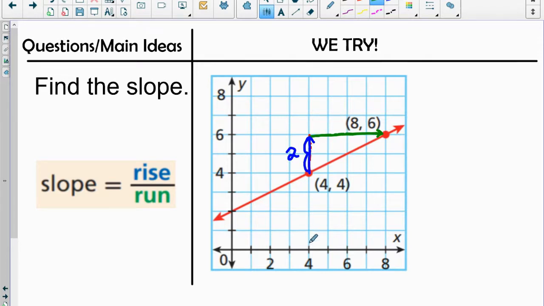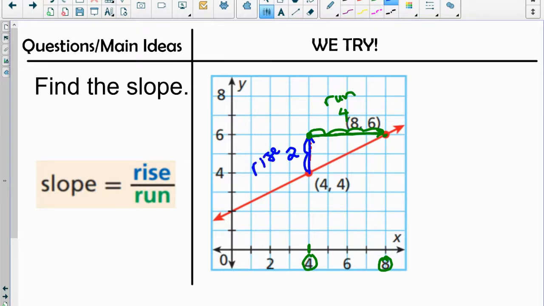It started at an x value of 4, because this point here is right above the 4. As I went across, this point ended at 8. So from 4 to 8 is a change of 1, 2, 3, 4 units. The rise is 2, the run is 4.